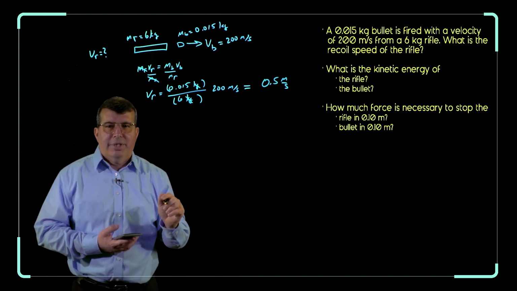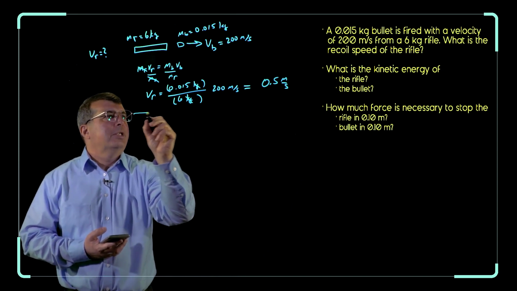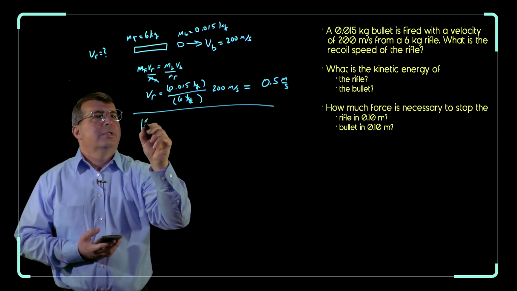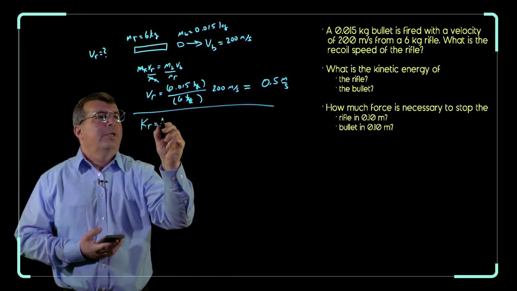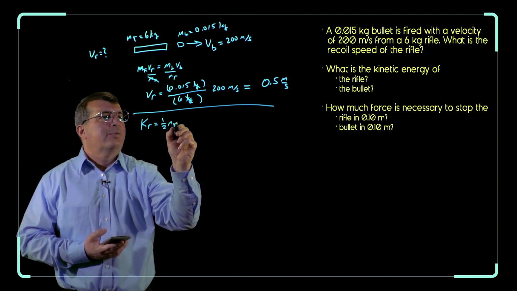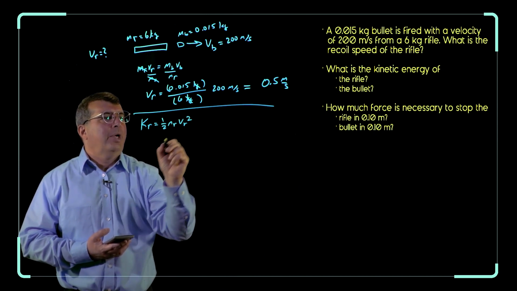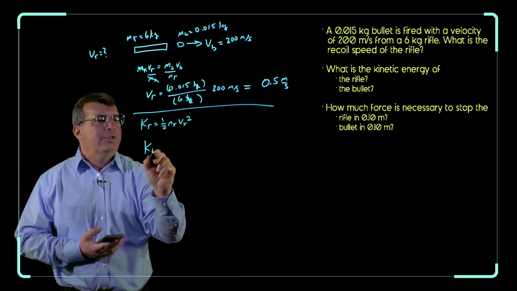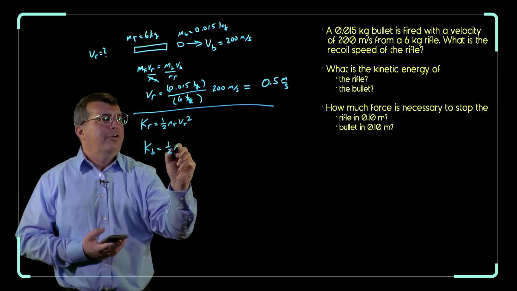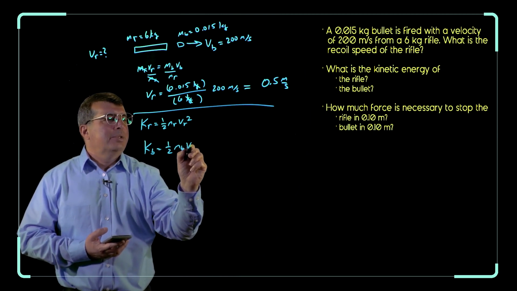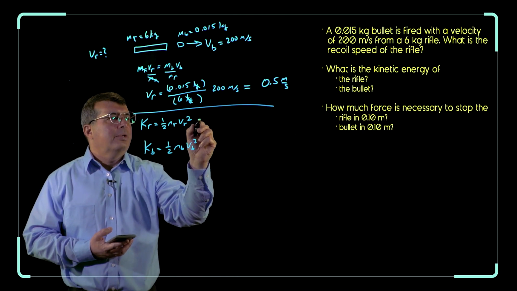What about energy? So the kinetic energy of the rifle is 1/2 mass of the rifle, v rifle squared. And the kinetic energy of the bullet is 1/2 mass of the bullet, speed of the bullet squared.